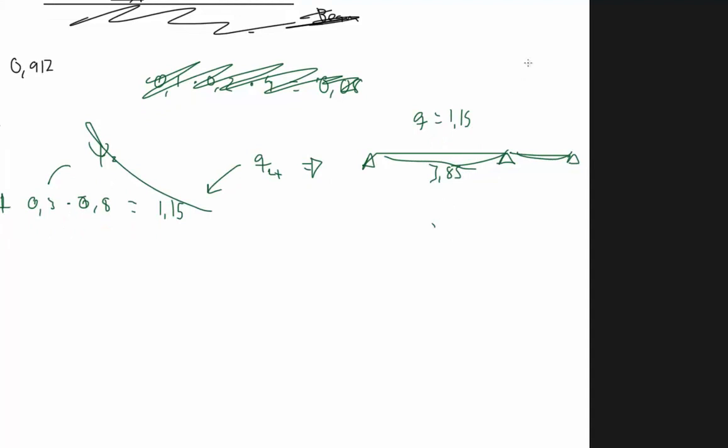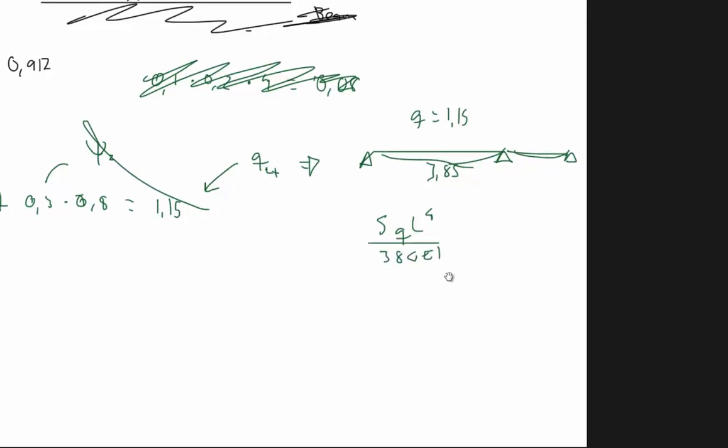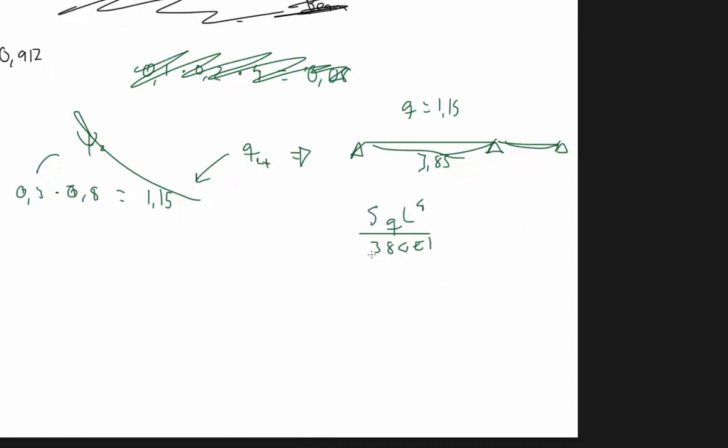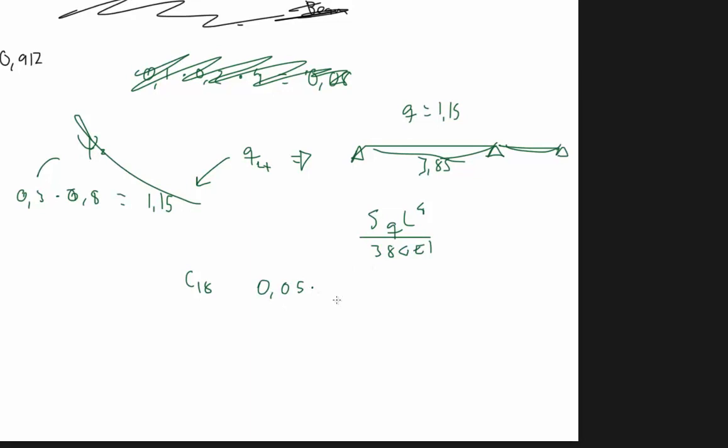So for Q here, the formula given in the sheet is 5QL to the 4th divided by 384 EI. The EI for wood is also given for C18: 0.05 times the inertia.